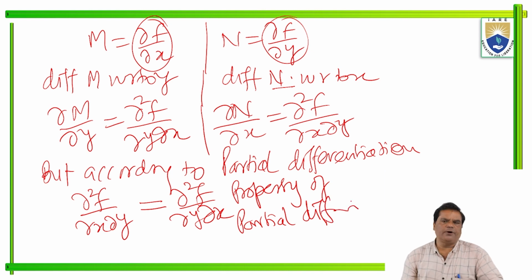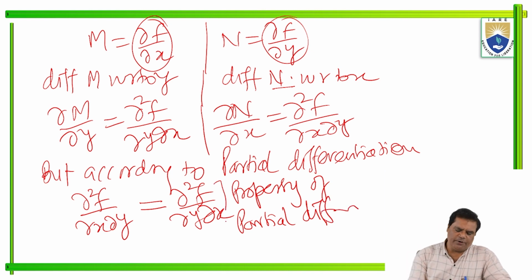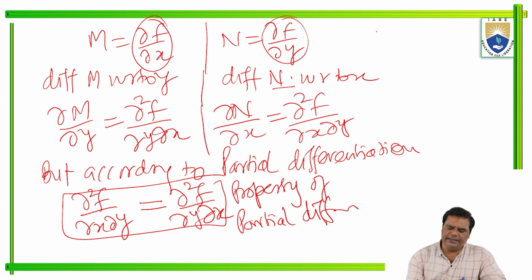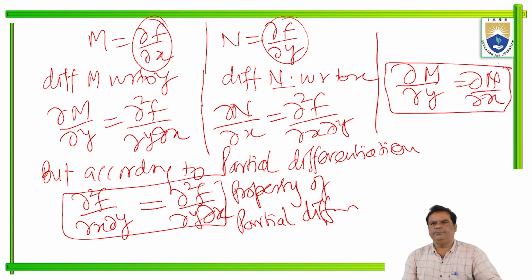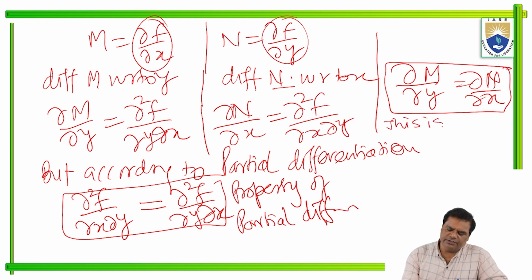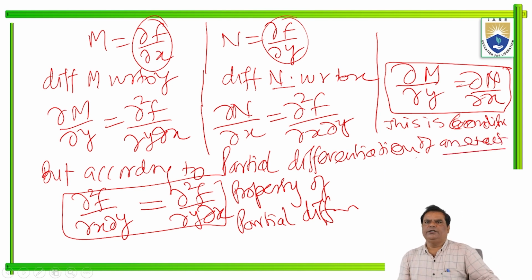With the help of this property, we can write del M over del y equal to del N over del x. This is the condition of an exact differential equation.